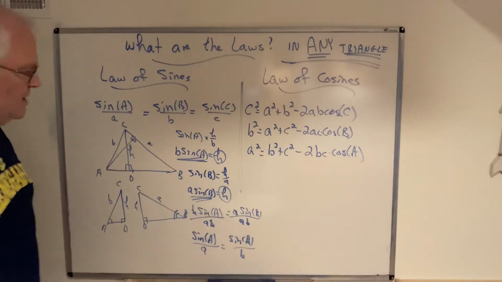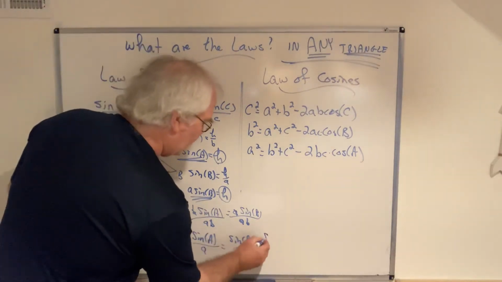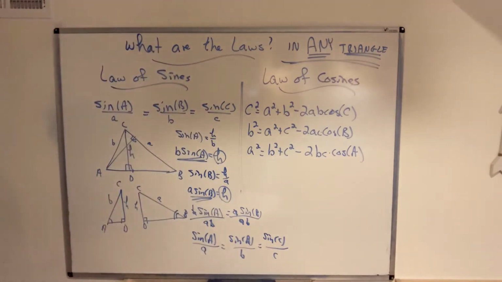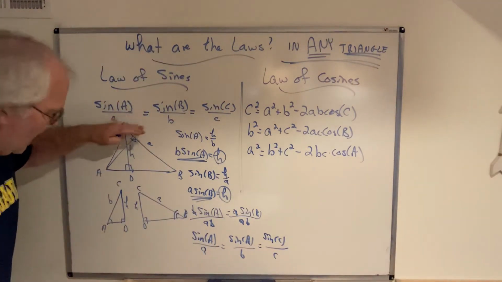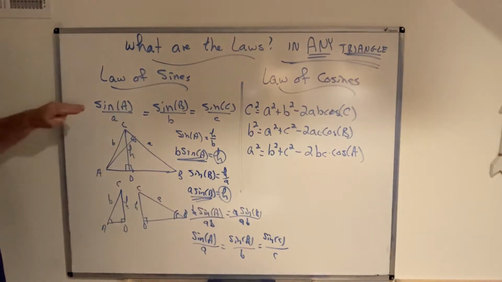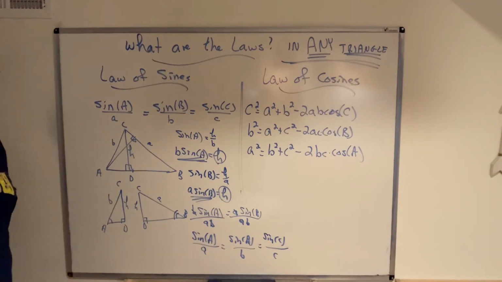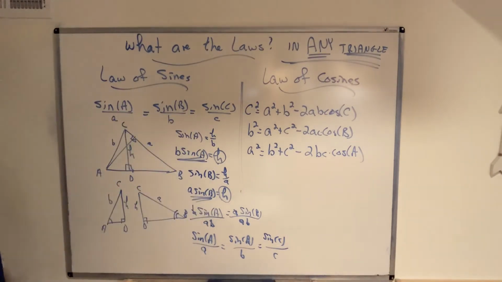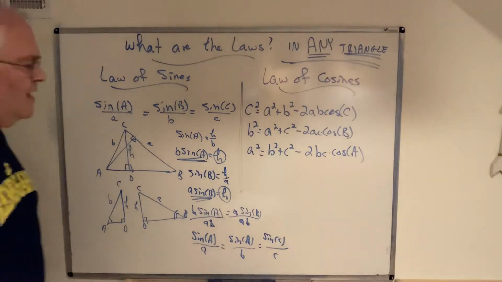So by an exactly similar argument, we also get sine of C over c, and that's the law of sines. Now again, you do not need to be able to reproduce that. What you need to be able to do is take this formula, take this law, and use it to solve the triangle. This argument is a proof that the law of sines actually is correct. What you need to be able to do is to use it to solve the triangle.